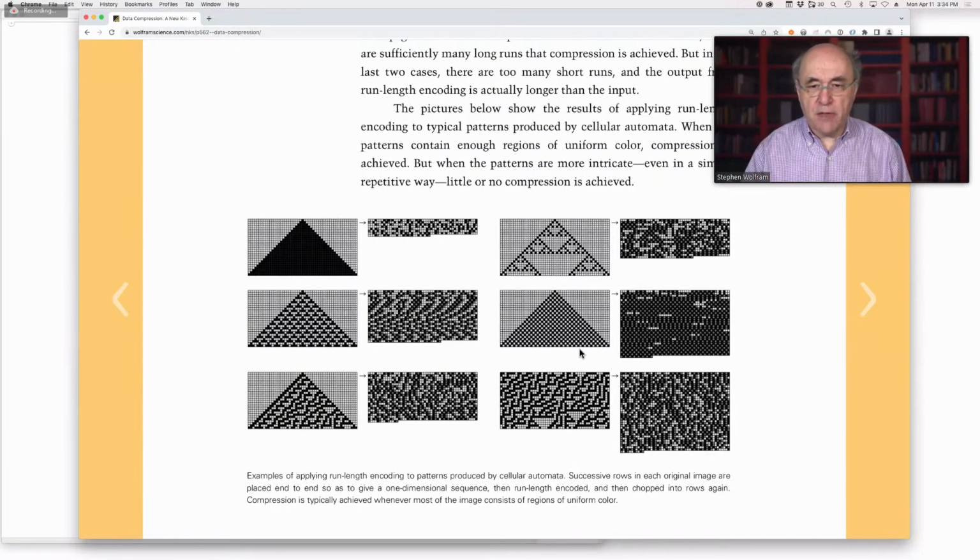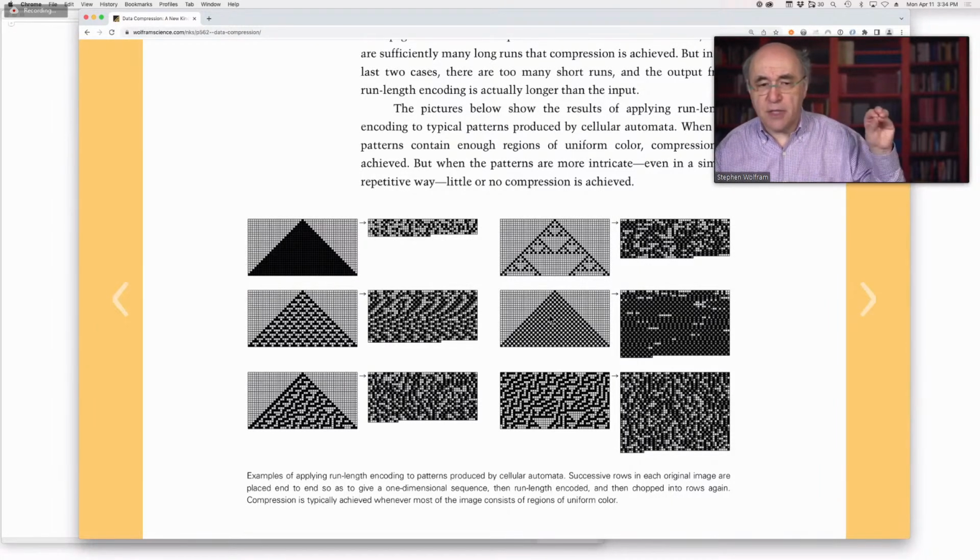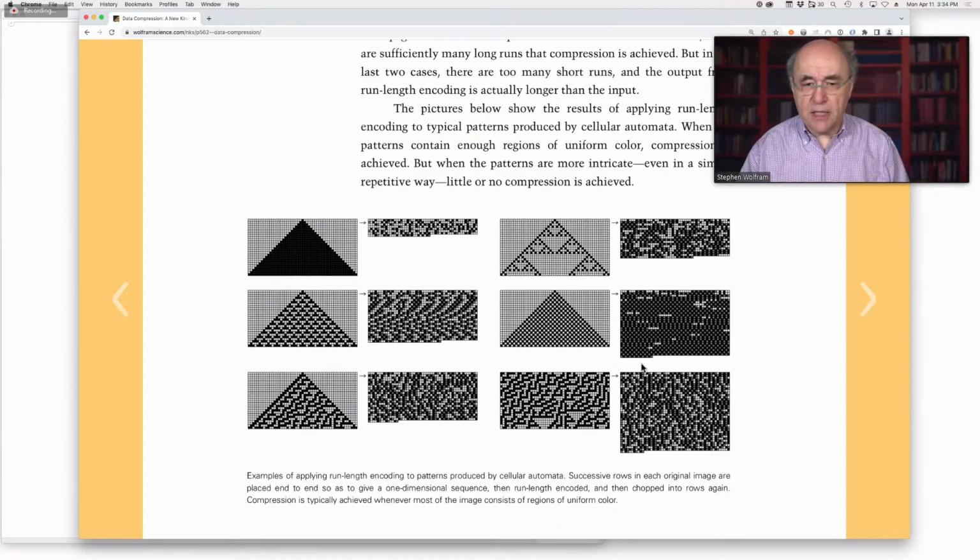It's doing progressively less well for some of these patterns here. For example, this is a big loss for run length encoding because you keep on having different runs here, and you keep on having to give another specification for every single pixel there. So in a case like this, the run length encoded data is actually significantly longer than the original data from the original system.